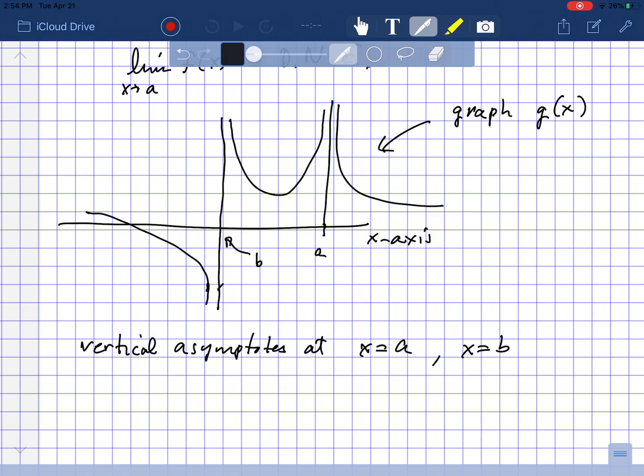Okay. Now, what we found was this. In the case of x approaching a, f of x, we found that this limit is what we called plus infinity. Okay, so on both sides of a, if I look at the limit as x approaches a from the left-hand side of f of x, this is equal to plus infinity.